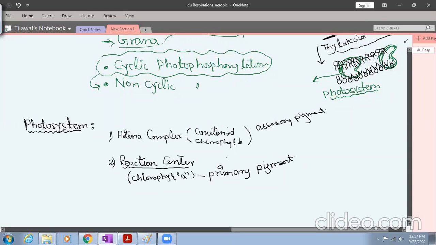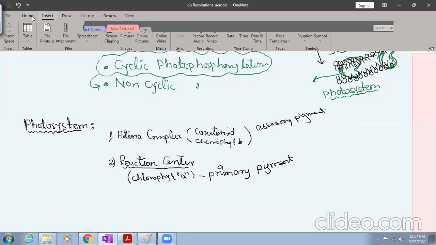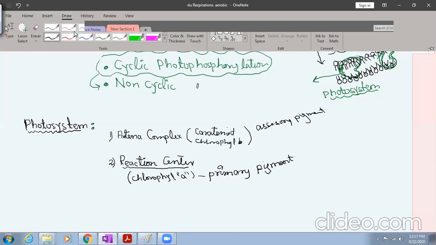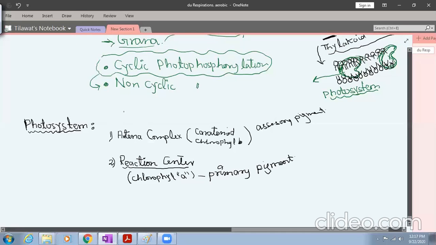Am I clear? Now, what will happen? Sunlight will fall on the antenna complex.